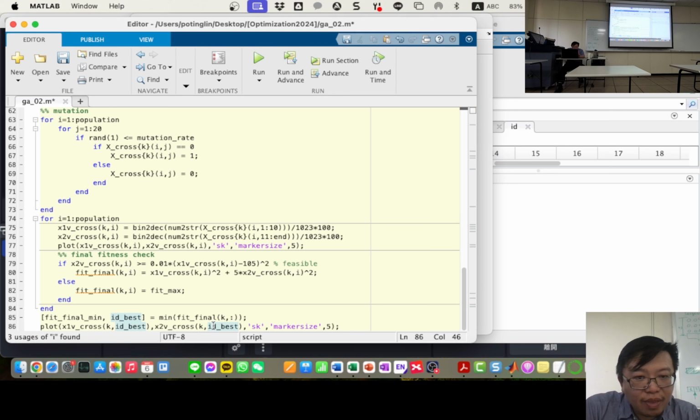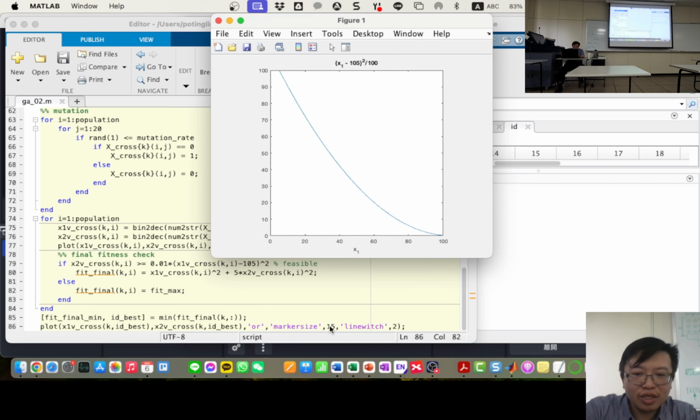This time, maybe an even larger circle, red color, marker size 15, line width 2. Let's see.